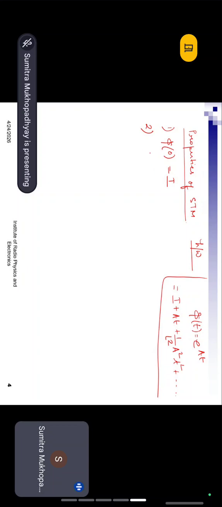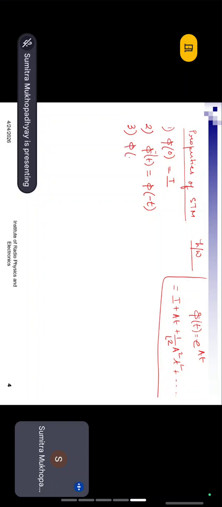The second property is phi inverse of t, not phi t, phi inverse t equal to phi of minus t. This we have to prove.